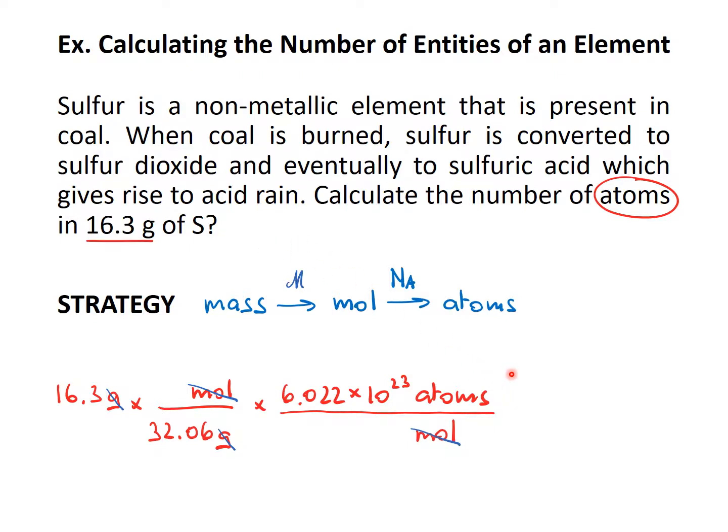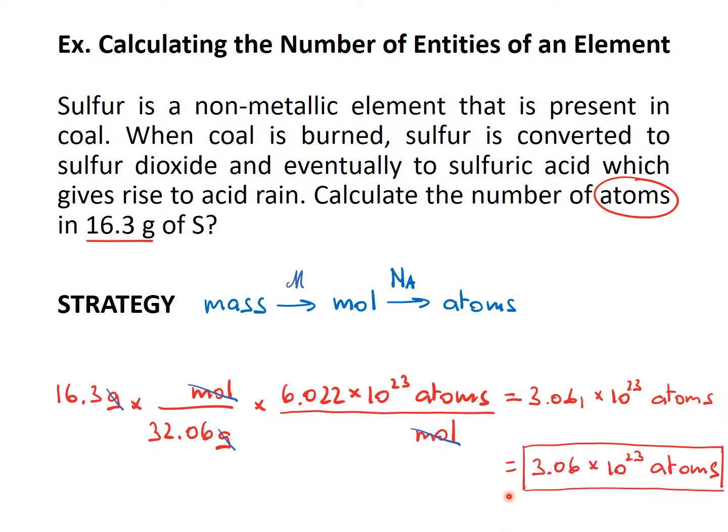So plugging these numbers into your calculator should give us a value of 3.061 times 10 to the 23 atoms. You'll notice that the smallest number of significant figures here is 3, which is in the mass of sulfur. And so our final answer should have 3 significant figures. Therefore, rounding should give us 3.06 times 10 to the 23 atoms of sulfur as our final answer.